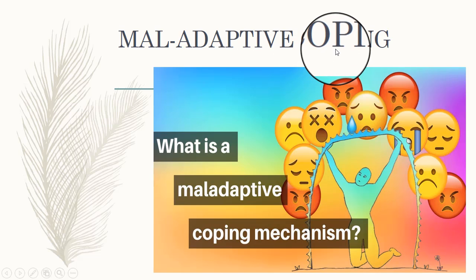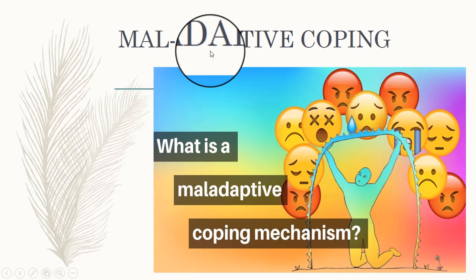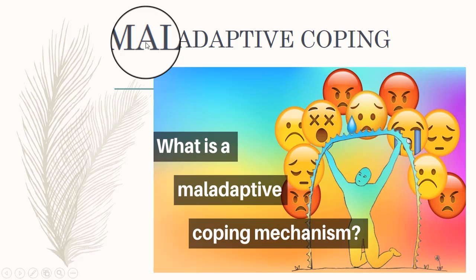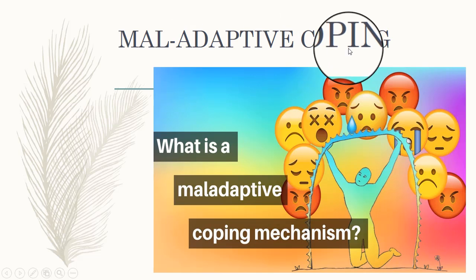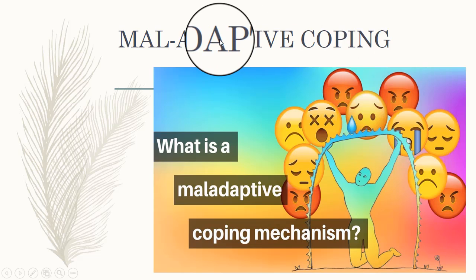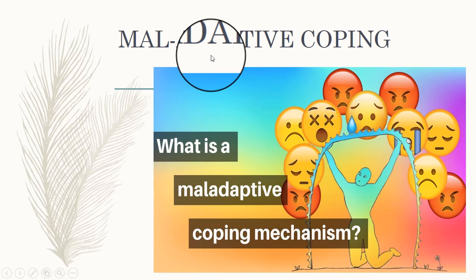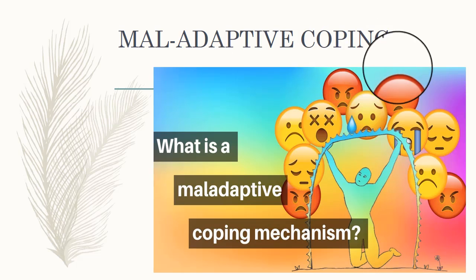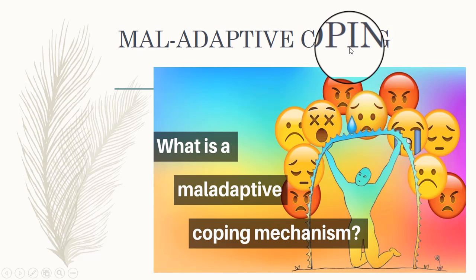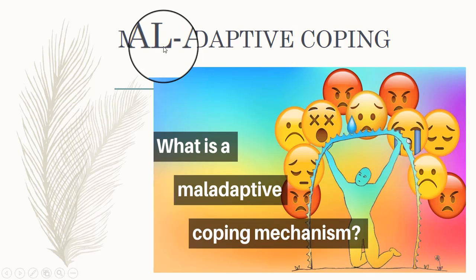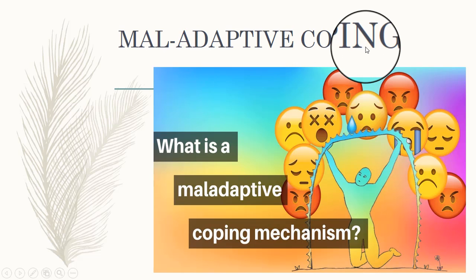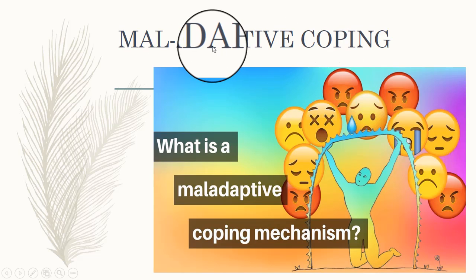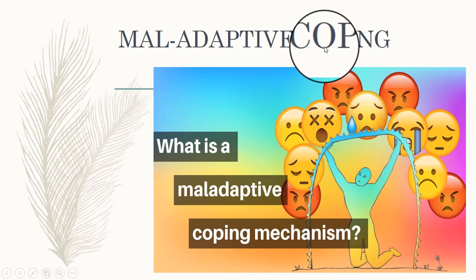Whether you realize it or not, you may have a habitual response to stress, and for the overwhelming majority of us, this habitual response isn't actually helpful. The technical term for a response that doesn't relieve the triggering problem is maladaptive. Nearly everyone alive on this planet engages in at least one maladaptive coping mechanism in the face of stress, and most of us have several that we turn to regularly.